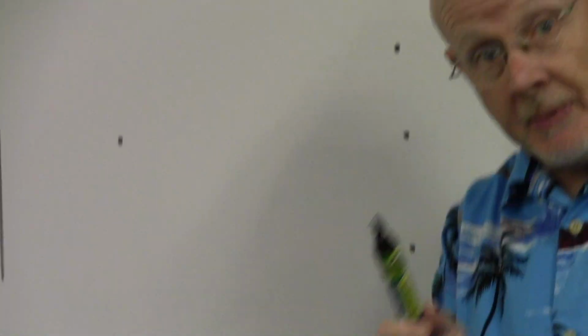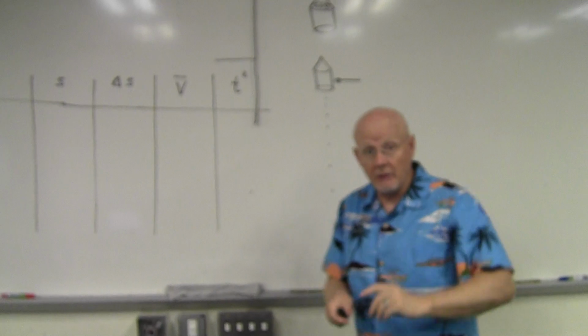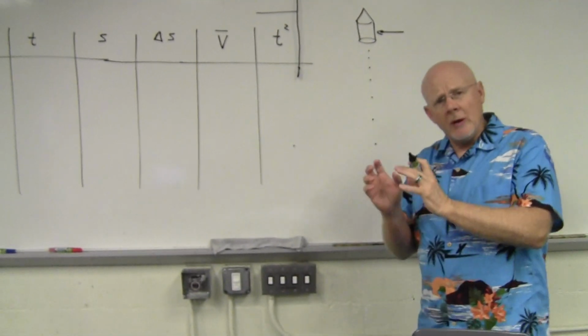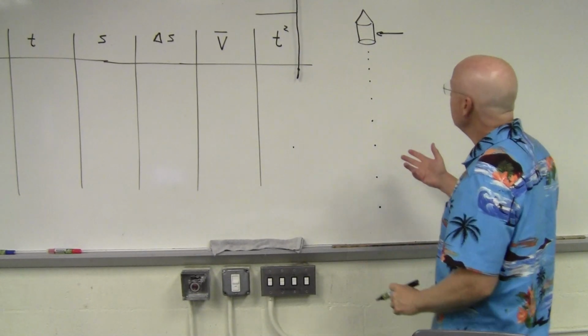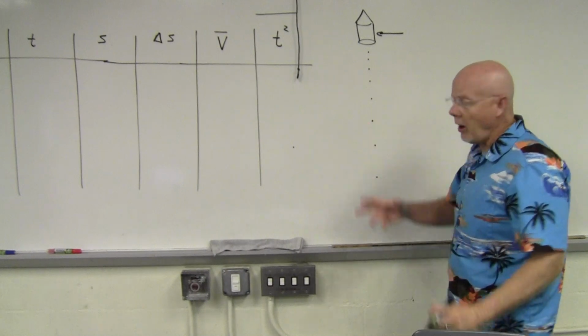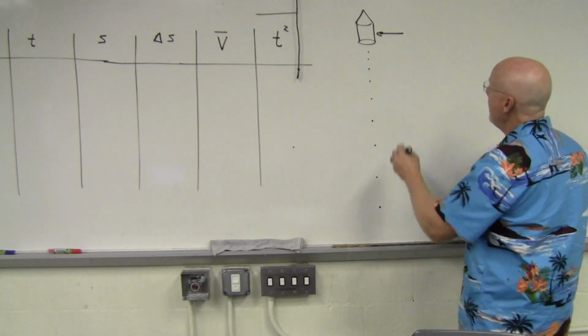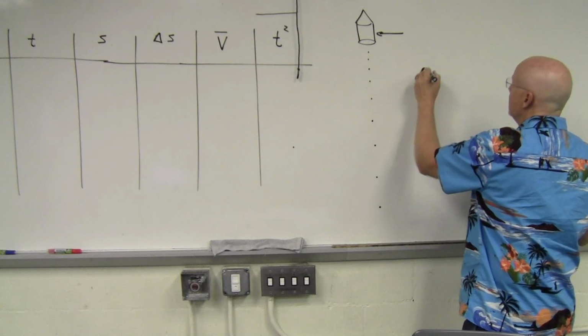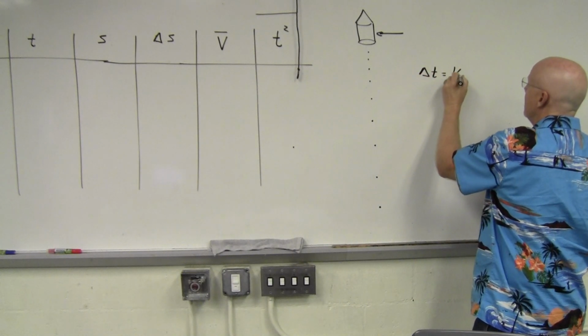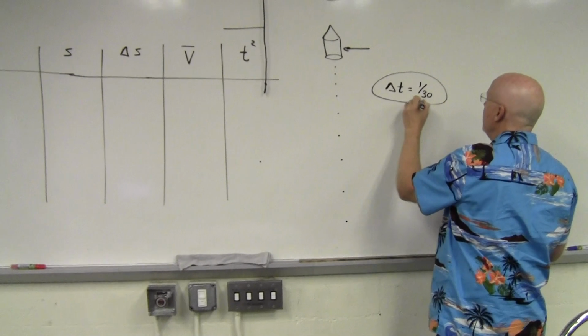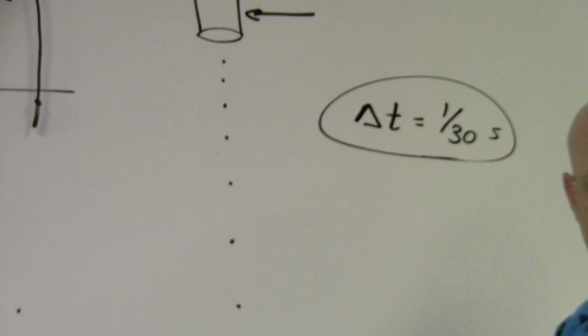Of course, I haven't done the experiment yet. It's right behind the camera, so I'll go over there in a second. When I get to the experiment, you'll see that our equipment allows us to mark where this object is every 30th of a second.